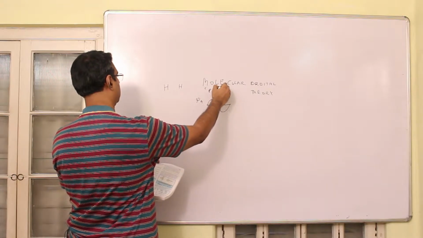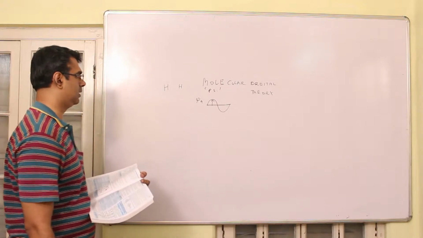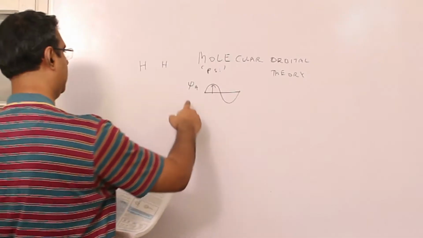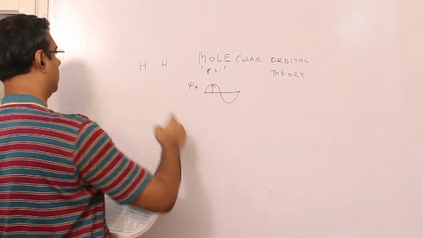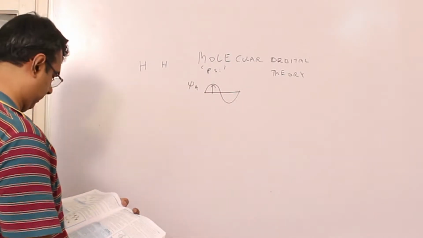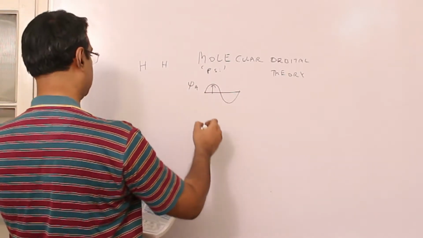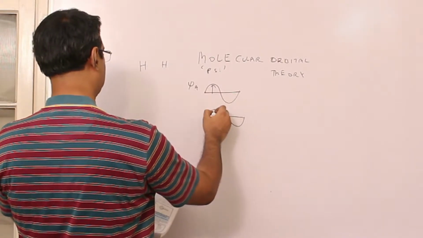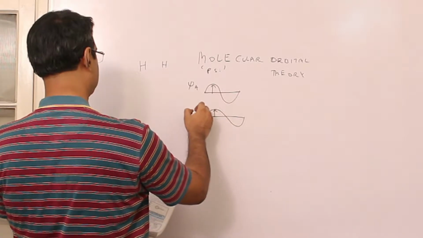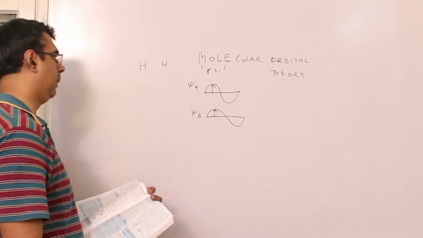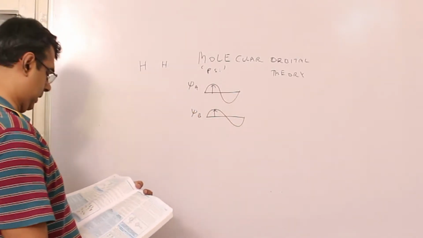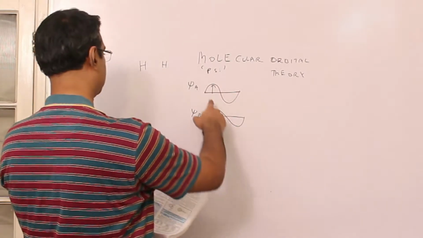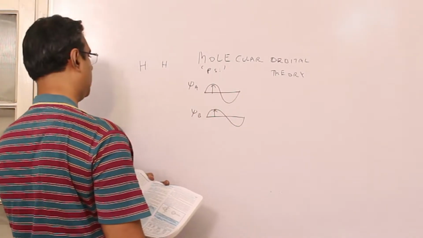So psi a is the amplitude of the electron wave of one of the hydrogen atoms. The electron wave for the other hydrogen atom, let us say it is like this, and the amplitude is psi b. So psi a and psi b are the amplitudes of the two electron waves.